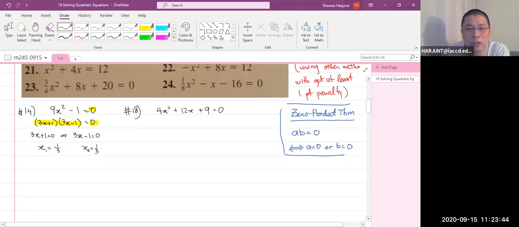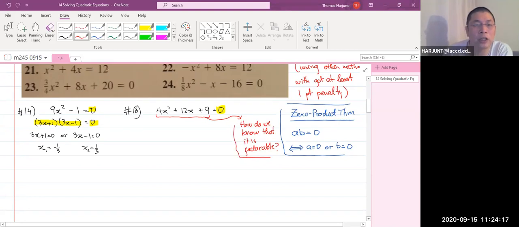Once you set one side equal to 0, you wonder if this is factorable. How do we know that it is factorable? You try to factor it on your own first without doing this checking.